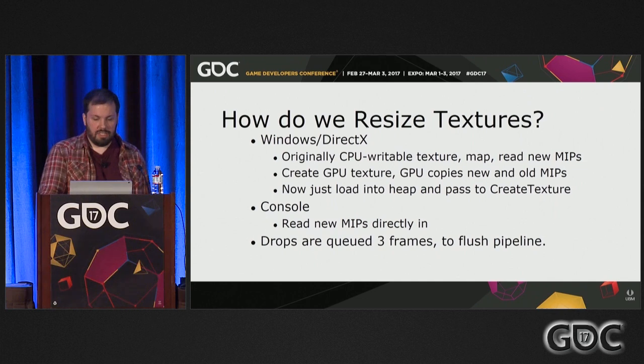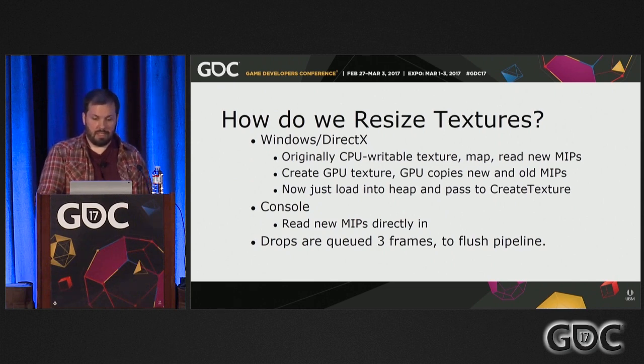However, this extra creation of a CPU writable texture turned out to cost an unpredictable amount of driver time. So we changed to just calling create texture and passing it ordinary heap memory. So we load into heap and we pass it into create texture. Technically, that means we're doing an extra copy, but it performs better.